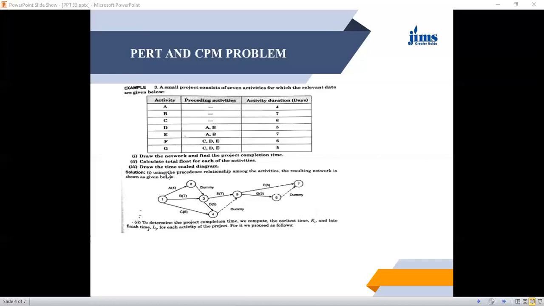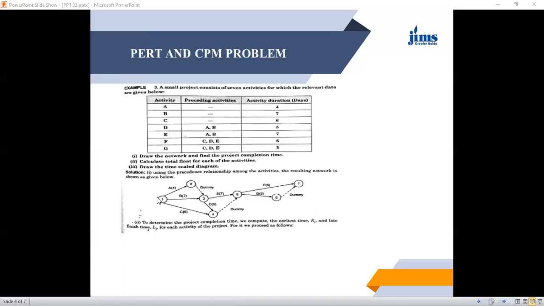So 1, 3 is B, it takes 7 days. And C is another activity which starts independently from the 0th time. So 1, 4. These are 3 independent activities starting from the same node because all these 3 activities are starting at the same time.